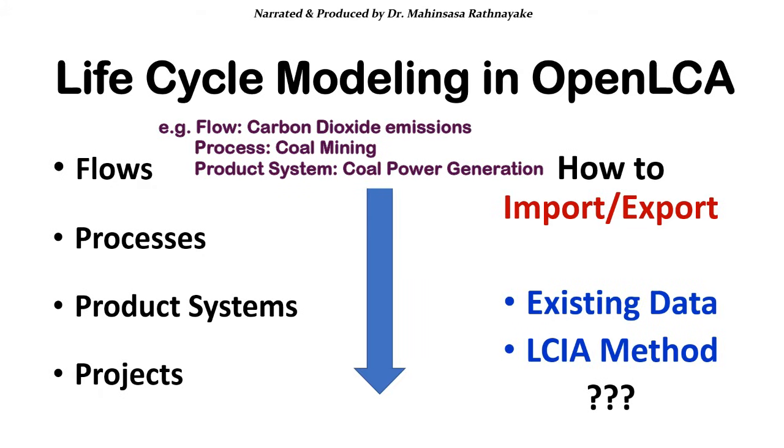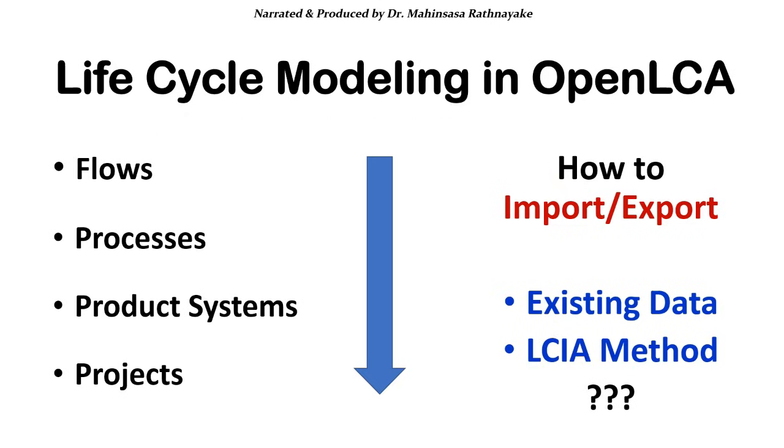They are coal mining process, coal transportation process, and coal combustion process. So these three processes together we can define as the product system. So in this example, modeling up to product system is enough.